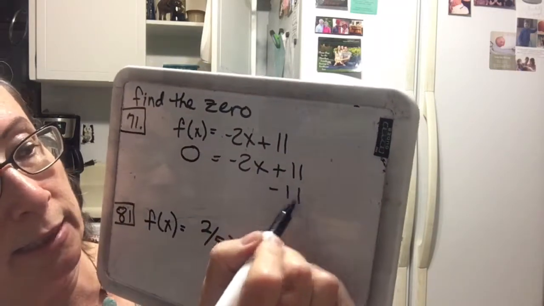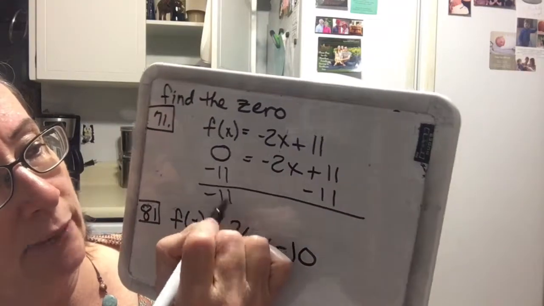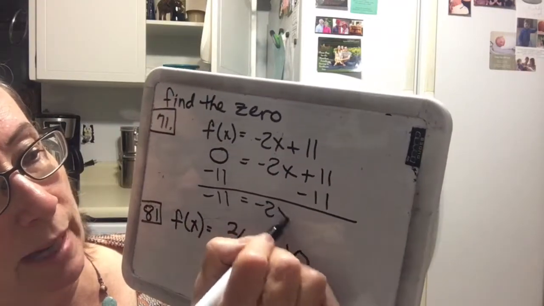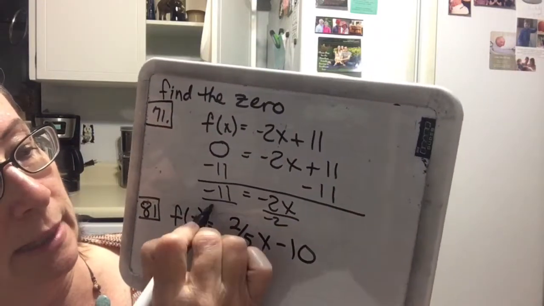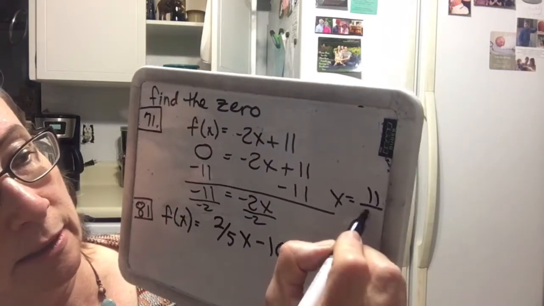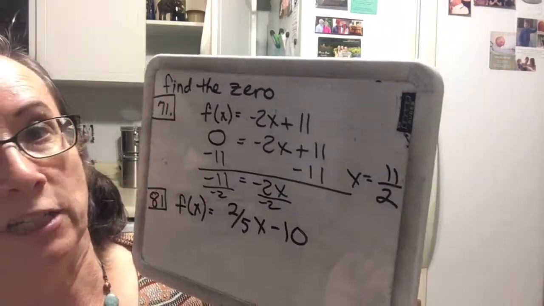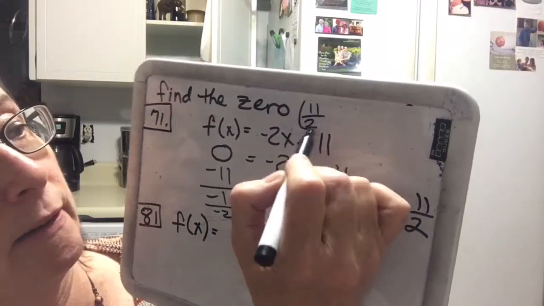So we're going to subtract 11, and we're going to get negative 11 is equal to negative 2x. We're going to divide by negative 2 and divide by negative 2. So we get x is 11/2. Okay, if we go back and check that, we're going to plug in 11/2 right here.